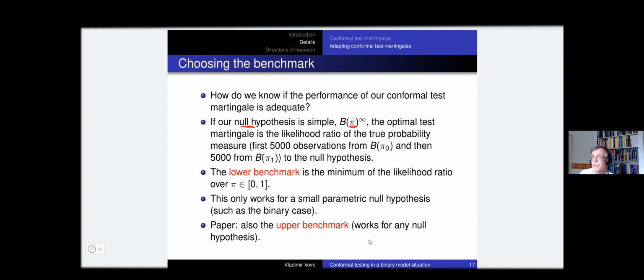But now you don't know pi, so you just take the minimum of these likelihood ratios over pi. So this is the lower benchmark. Unfortunately, it works only for some very poor observation spaces. In the paper, I also introduced the upper benchmark. It works for any null hypothesis, but the lower and upper benchmarks are really, really close.